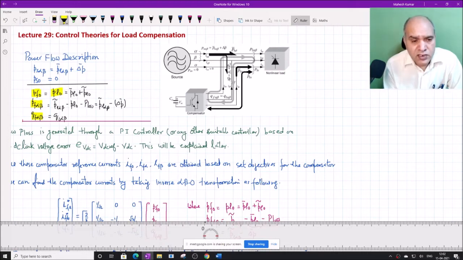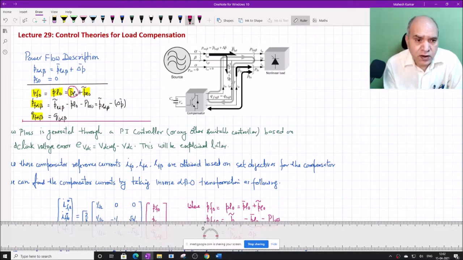As you know, PL0 has two parts, the average part and the oscillating part. The fundamental point is that the compensator cannot supply the average part, so it has to be taken from somewhere.